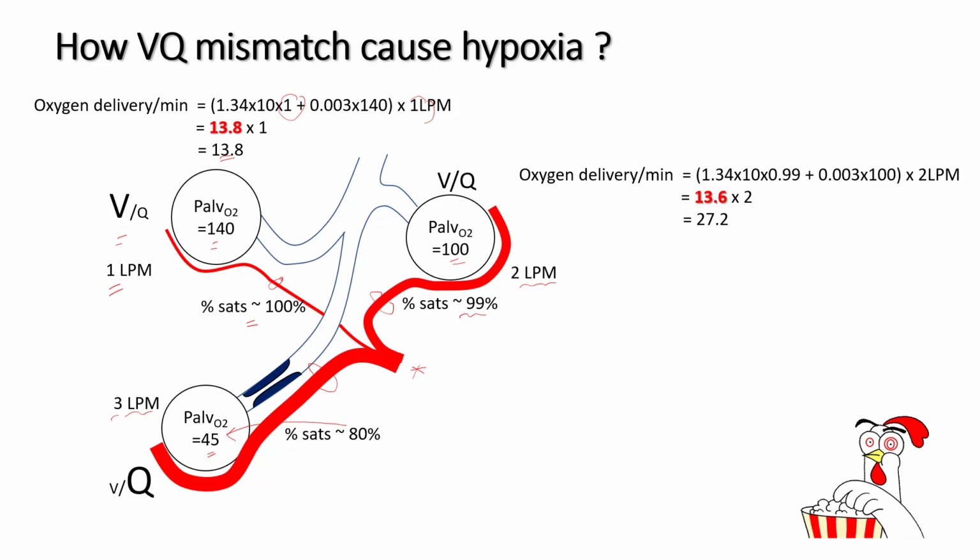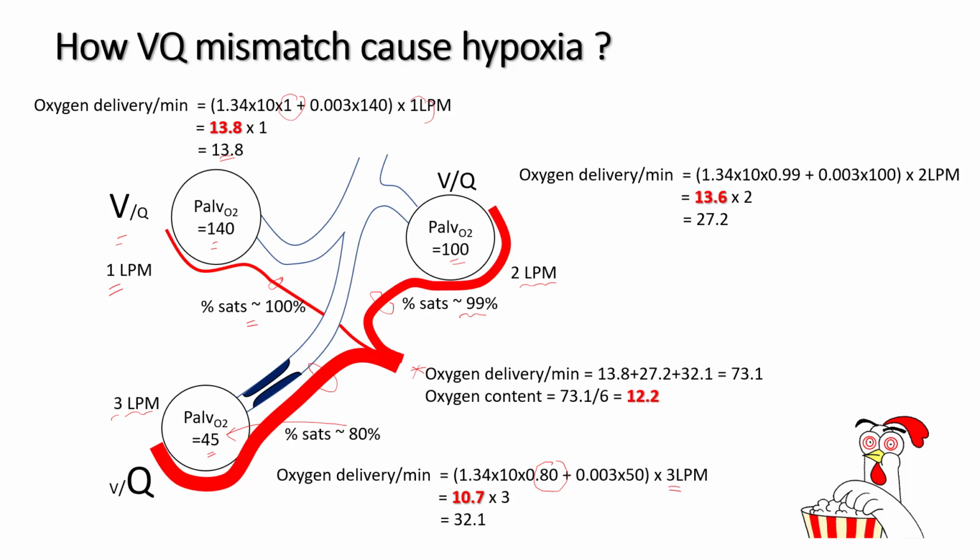And similarly, for the low VQ area, the oxygen content is at 80% and 3 liters are flowing through. So 10.7 multiplied by 3, that's 32.1. Hence, the total amount of oxygen that is coming out of all the three areas is around 73.1, or around 12.2 average. And you should be able to calculate a percent sats corresponding to this oxygen content, that comes out to be 91%.